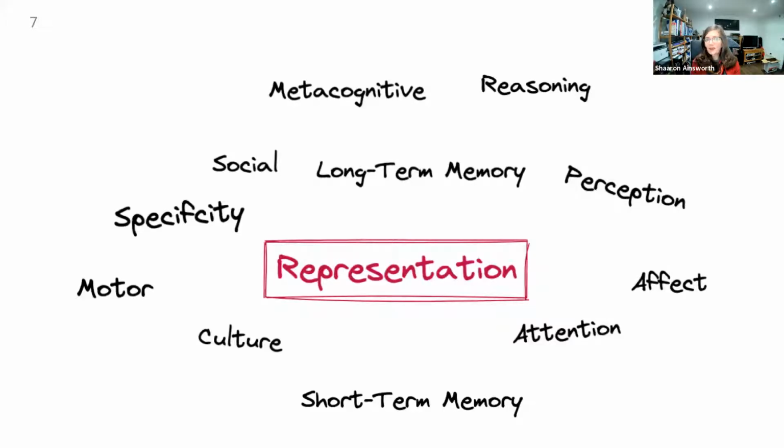But I also couldn't imagine talking about them without talking about specificity. And specificity, I think, is less well known as a term, but you might know it by another term. So semioticians might talk about depiction here, for example. And by specificity, what I simply mean is visual representations compel us to make commitments to form in a way that verbal language often doesn't.